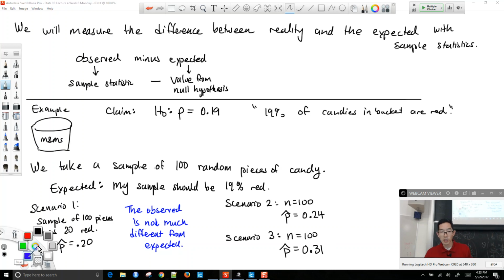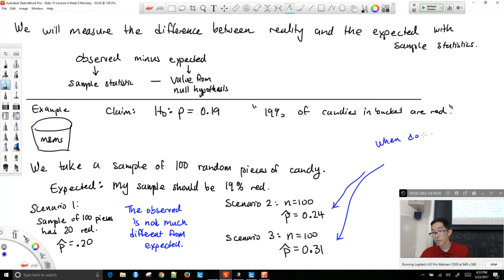And the question is, when do we say that the observed is very different from the expected?